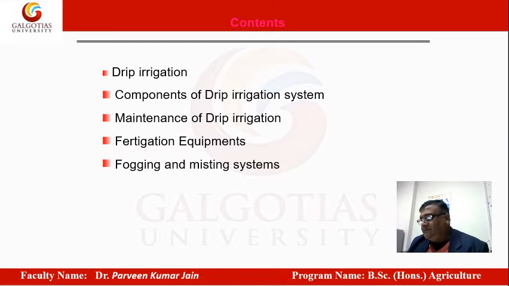Then the fertigation equipment which is needed, and then the fogging and misting systems, which, as I told you, were also introduced in protected cultivation and have a very important role.